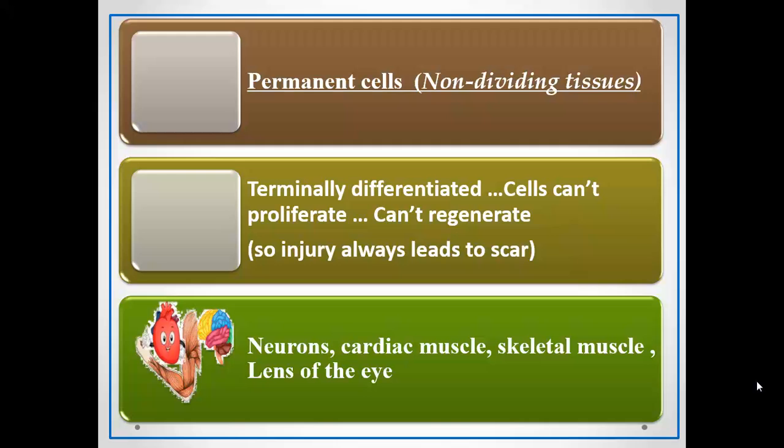However, I want you to understand that these cells are not capable of dividing and are replaced by this scar tissue. For example, terminally differentiated cells cannot proliferate, cannot regenerate, like neurons, CNS. Yes, CNS is one of the highly differentiated tissues and never regenerates, even if injured.